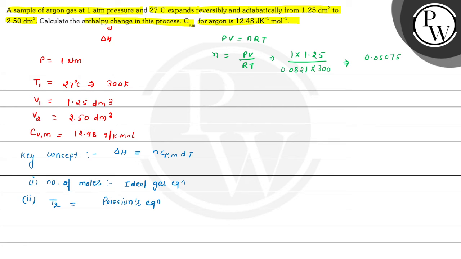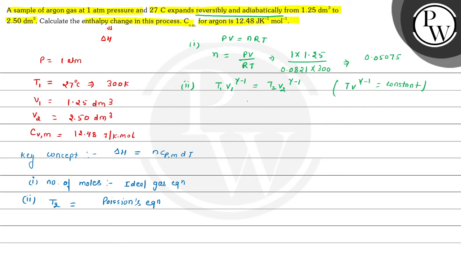Now we have to calculate temperature T2. We will use Poisson's equation. We can write T1 V1 raised to the power gamma minus 1 is equals to T2 V2 raised to the power gamma minus 1, because TV raised to the power gamma minus 1 is constant for adiabatic, since here the process is reversible and adiabatic.